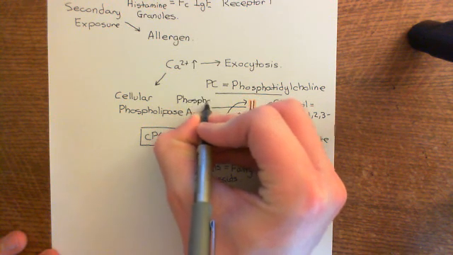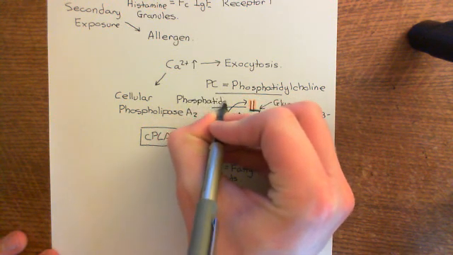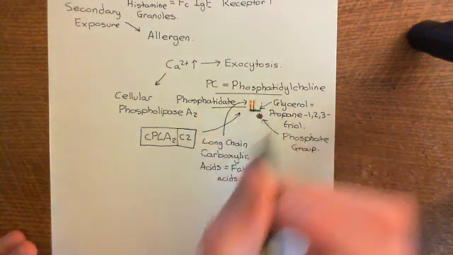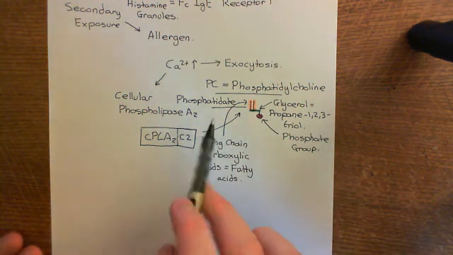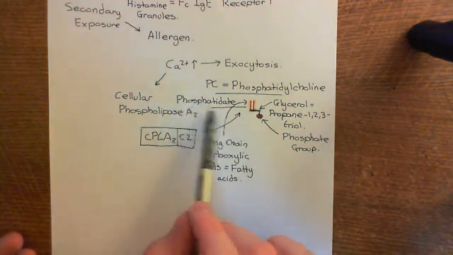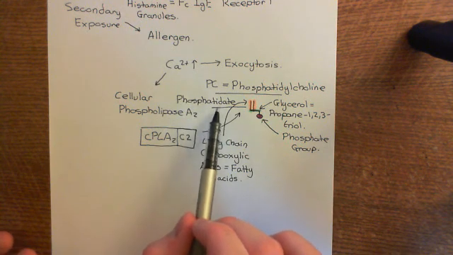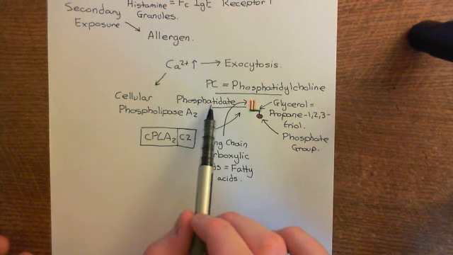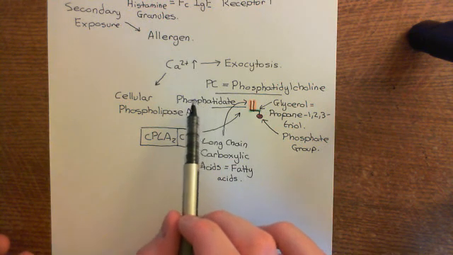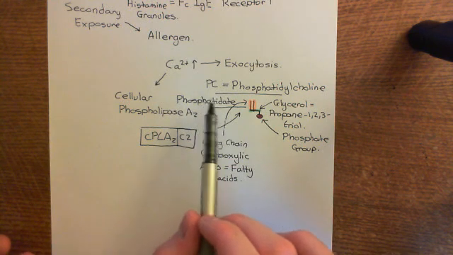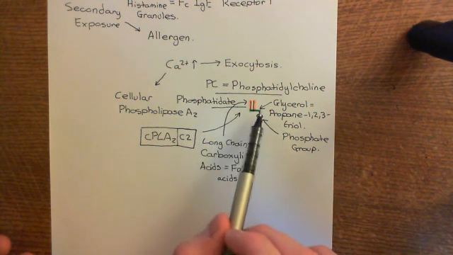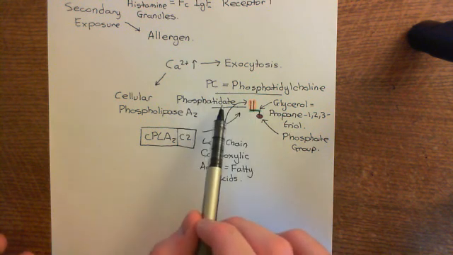So this is a normal old boring phospholipid, and although you will never hear anyone refer to a normal phospholipid as a phosphatidate molecule, when we're talking about modified phospholipids, you use phosphatidate all the time.